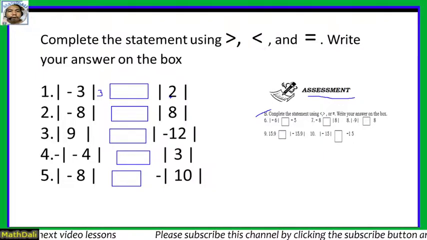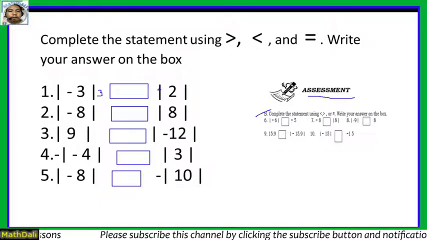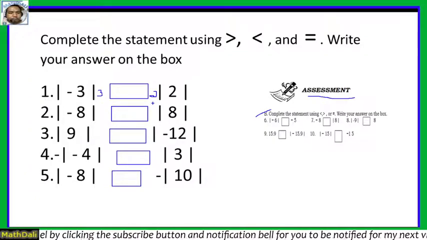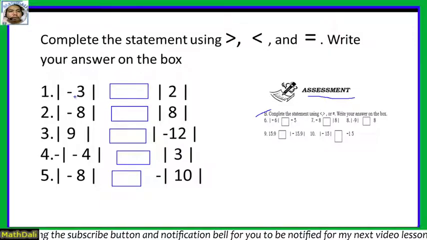That means gaano kalayo yung positive 2 dun sa 0. That is 2. Okay, so now, compare natin yung 3 and 2 para hindi kayo malito. Absolute value of negative 3 is positive 3 and absolute value of positive 2 is equal to 2.